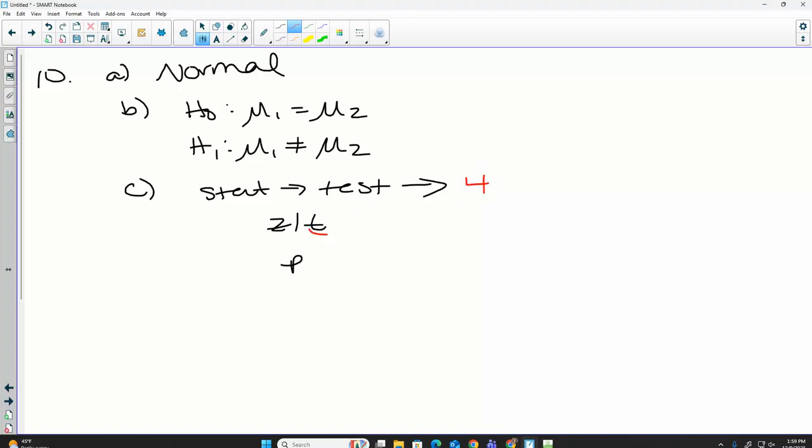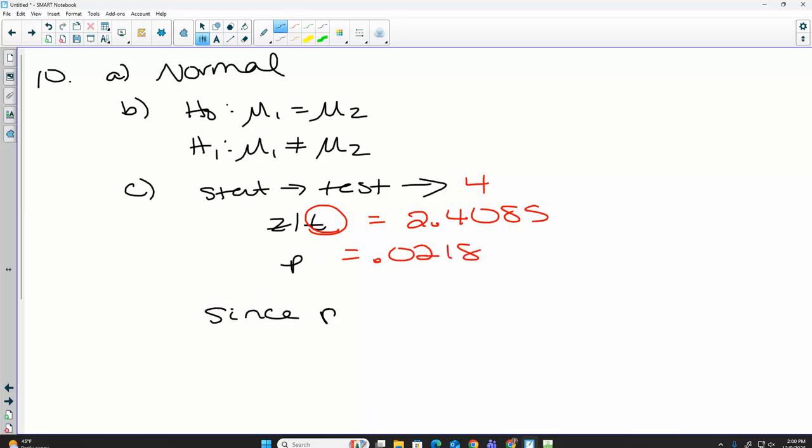That will give me a t value, which turns out to be 2.4085. My p is 0.0218. Alpha was 0.03, so p is less than alpha. What does that mean? Rejecting the null hypothesis. All right, and this one I asked for a sentence.